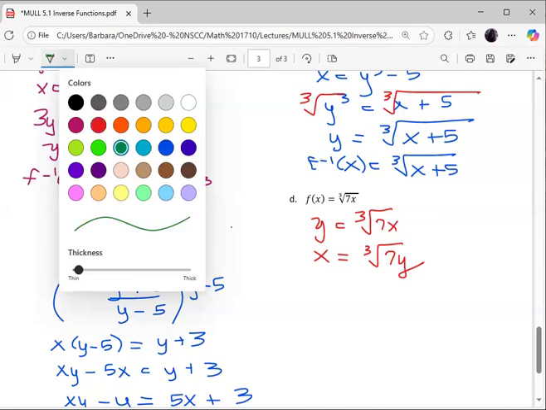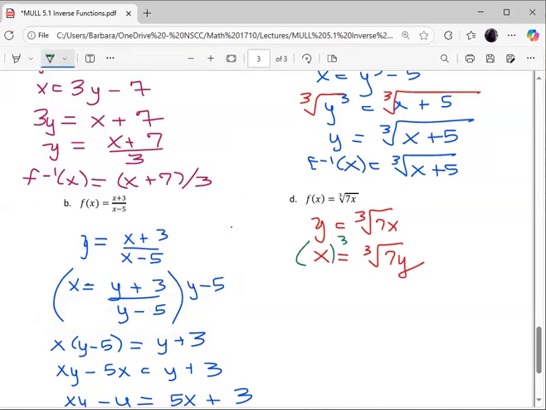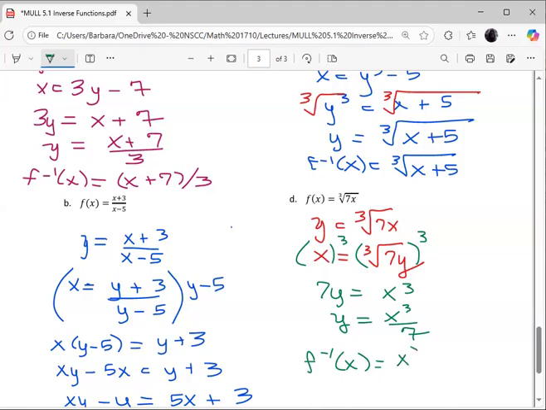So we're going to raise both sides of the equation to the third power. So we have 7y equals x to the third. Divide by 7. We have y equals x to the third over 7. Replace y with inverse f, and we get x cubed over 7. And that's our final answer.